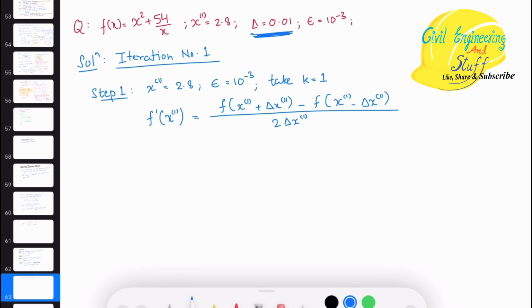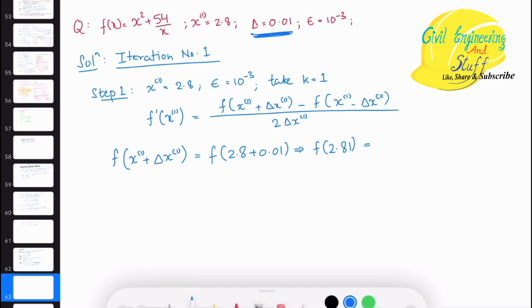So your f of x1 plus delta x1, that is x1 is 2.8, delta x is 0.01. Okay, so our f1 is f of 2.81. So let's find out f of 2.81.